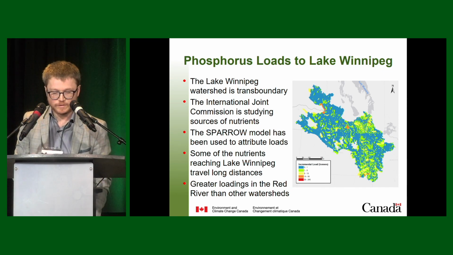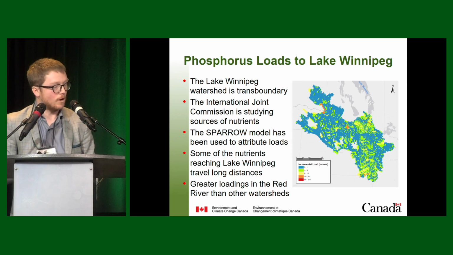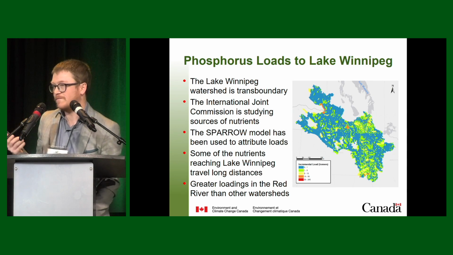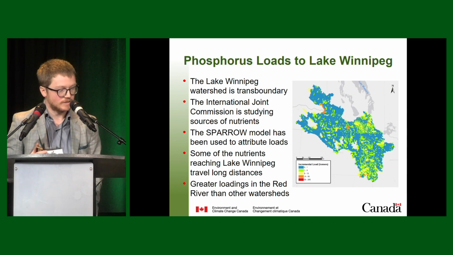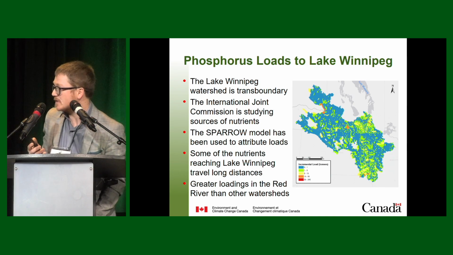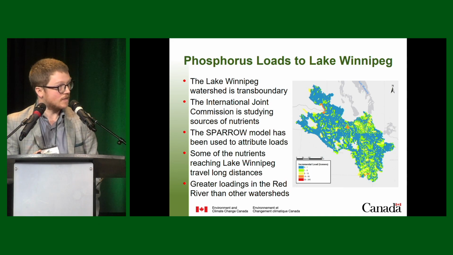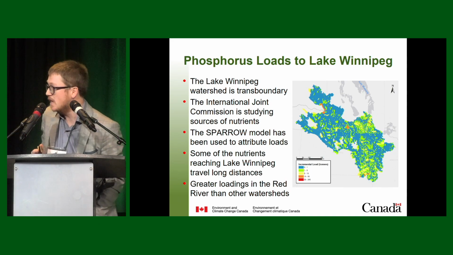And they use a number of tools. One of them is the SPARROW model, which is quite a powerful tool, and I think it results in some profound and impactful images, which is what we're looking at on the screen here. And so the color schematic relates to different incremental loads of phosphorus in tons attributed to different portions of the watershed.